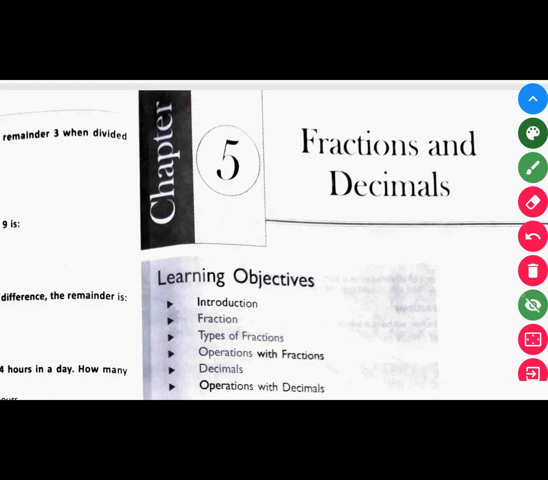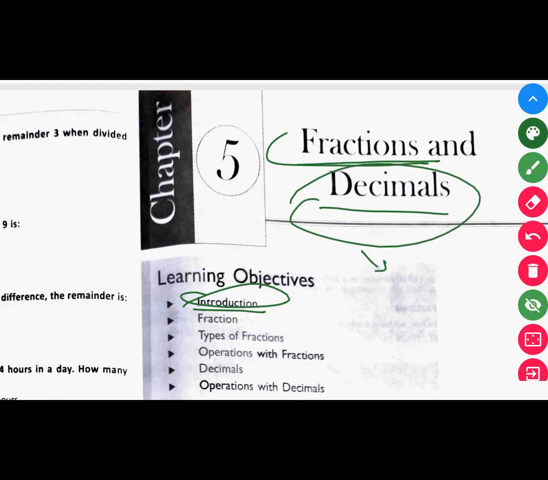Friends, I am Dr. Heena and for Olympiad Maths Grade 4, our today's topic is fraction and decimal. So here in this topic, what are the things we are going to study? Introduction of the fraction, what is meant by fraction, what is meant by decimal, all the definitions we have to see.